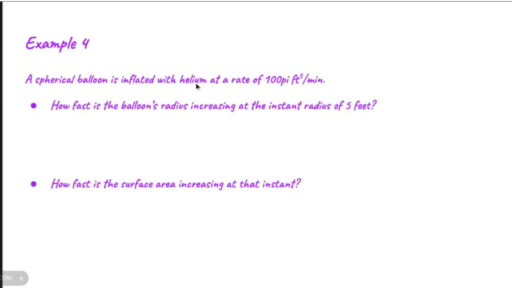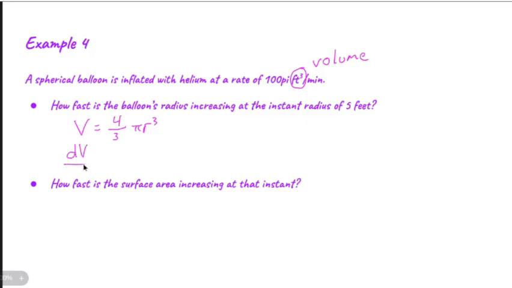So we got, again, volume. So we need to know the volume. I'm not going to draw it out this time since I lack space. Volume of a sphere, again, if you don't remember this, look it up. 4/3 pi r cubed. Okay. So nothing to look for in terms of simplifying down variables. We can just go right to differentiating.